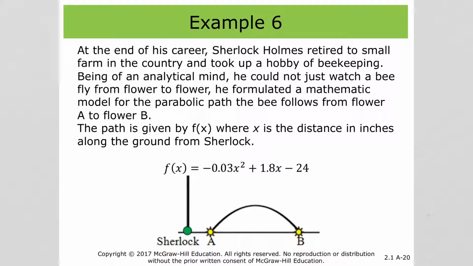The path is given by f of x, where x is the distance in inches along the ground from Sherlock. So Sherlock's here, x is this distance, and we have flower A and flower B. Those look more like suns, but whatever. And we have our function -0.03x squared plus 1.8x minus 24.